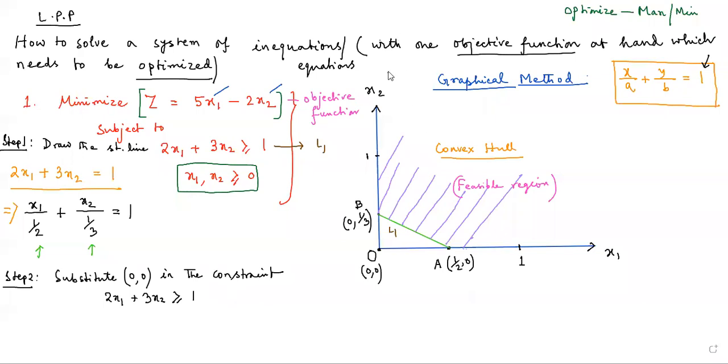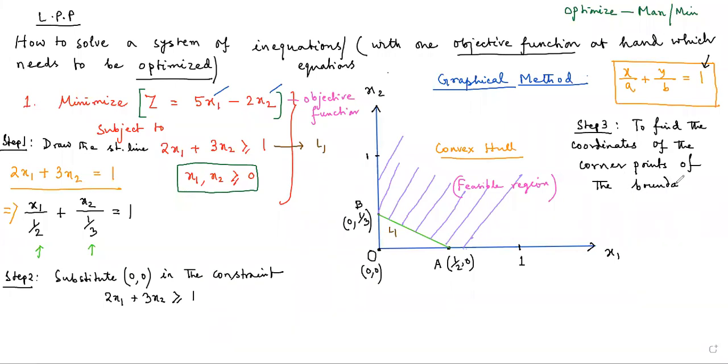Okay. What we need to do next is step number 3, to find the coordinates of the corner points of the boundaries that bound the feasible region.